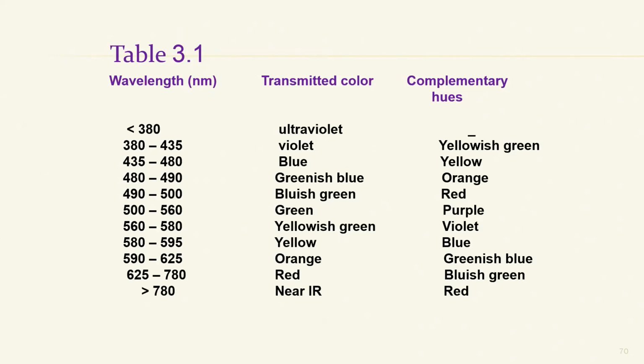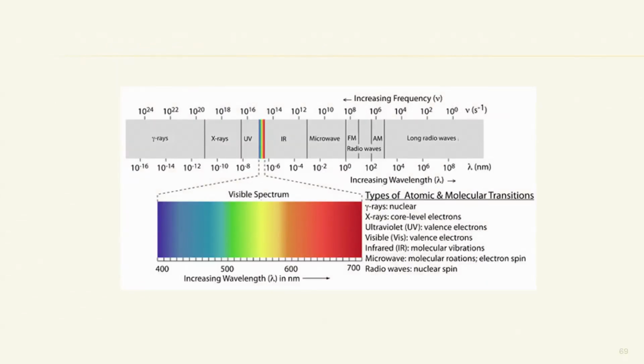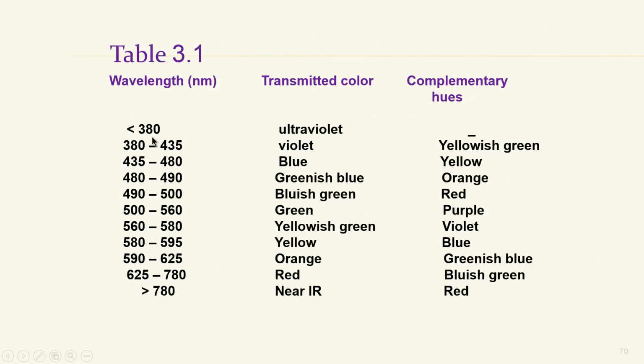Now, in this table 3.1, I am taking the visible radiation. Okay. If you remember, it is 400 to 700, that is the visible range, and that visible range I am cutting into different ranges again. Less than 380 is mostly ultraviolet range, and 380 to 435 nanometers is the range for which we note what color of the radiation is transmitted.